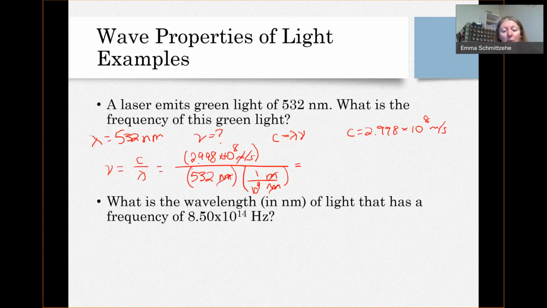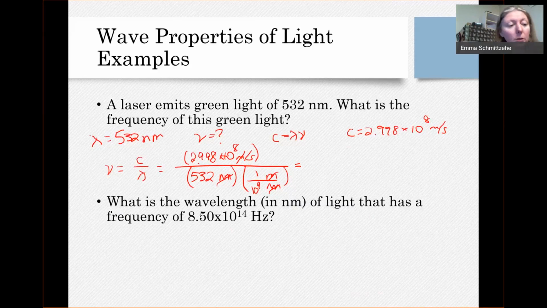So now I just need to type it in the calculator. I take 2.998 times 10 to the 8th, divide that by 532, and then multiply it by 10 to the 9th, because that 10 to the 9th is on the bottom of the bottom, so it flips to the top. So I multiply by 1 times 10 to the 9th.